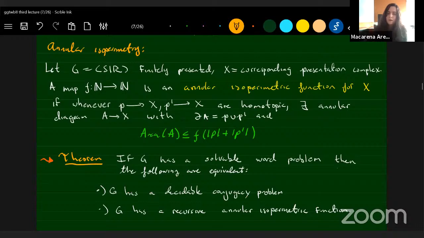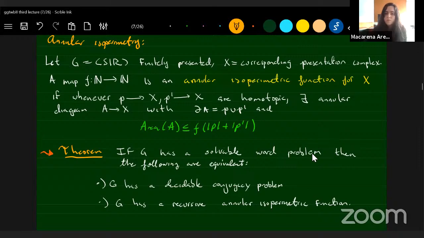And this again quantifies the conjugacy problem in a very precise way, as in the case of the word problem and the classical Dehn function. So if a group has a solvable word problem, then having a solvable conjugacy problem is equivalent to having a recursive annular isoperimetric function.